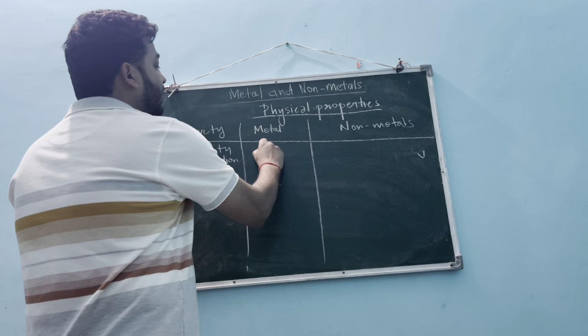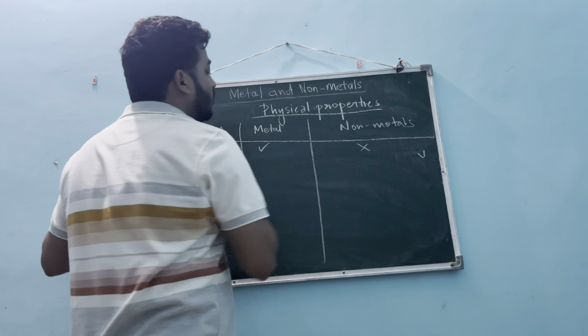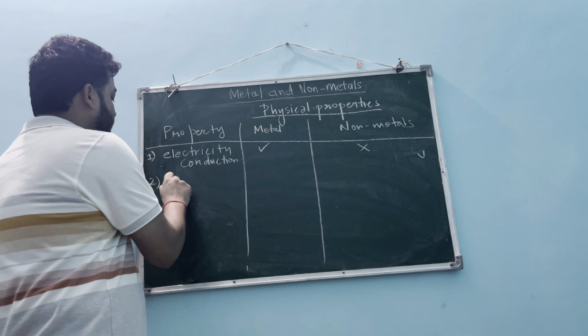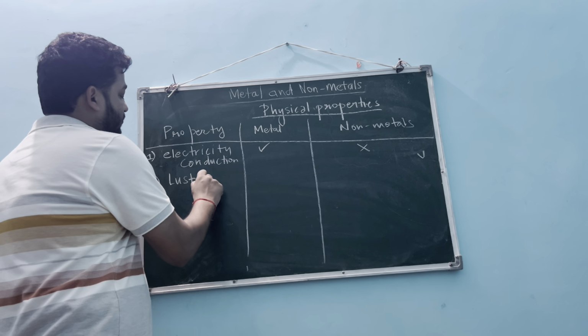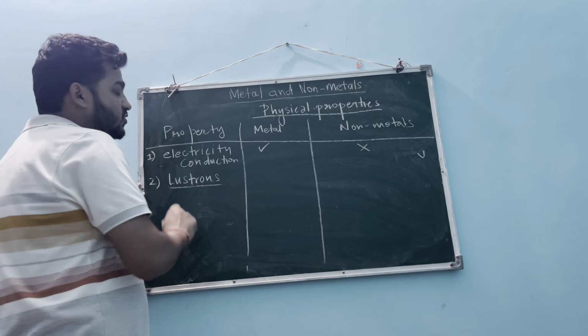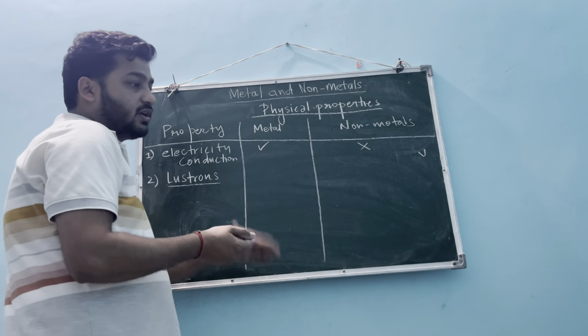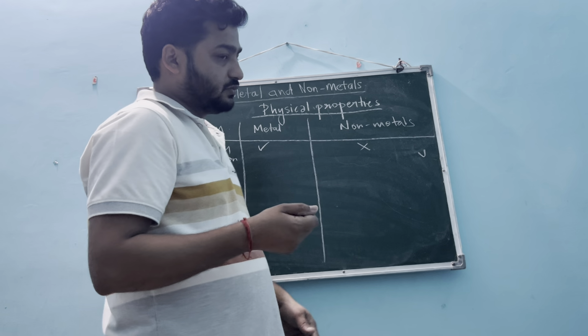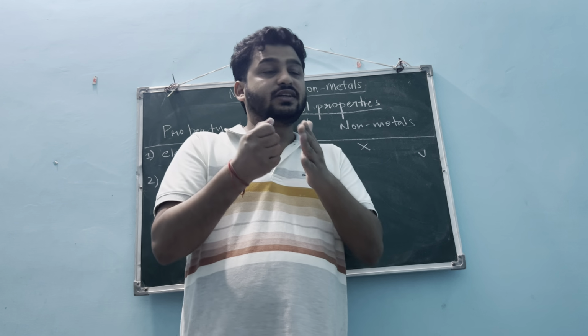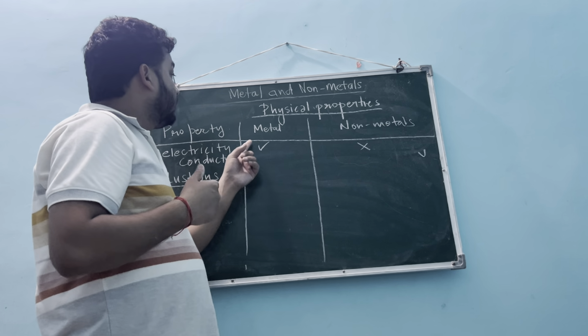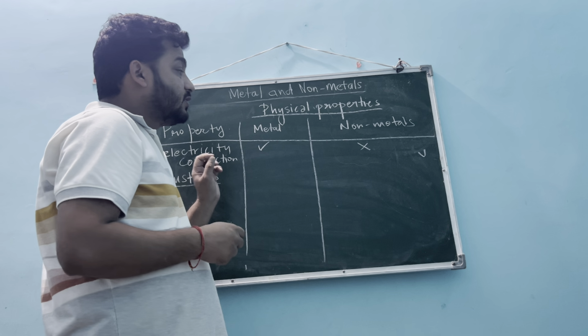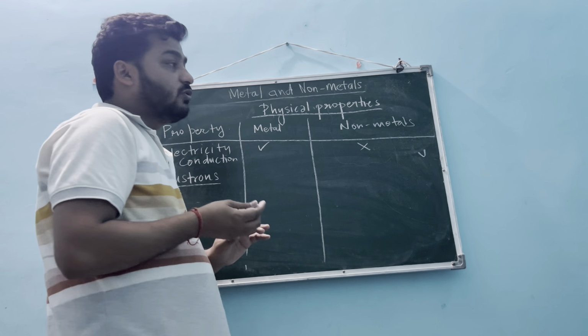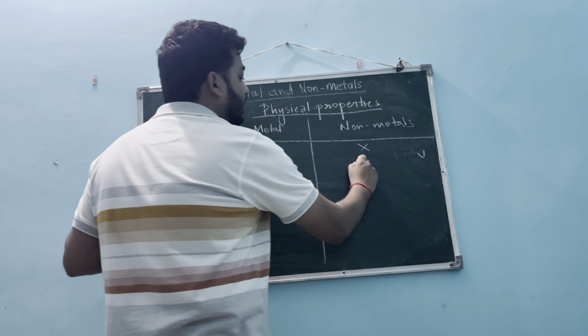Metals can conduct electricity but non-metals cannot. Then second is lustrous. Luster means the shine. When we cut a metal, you will find metals lustrous from inside, shiny from inside, but non-metals are not.